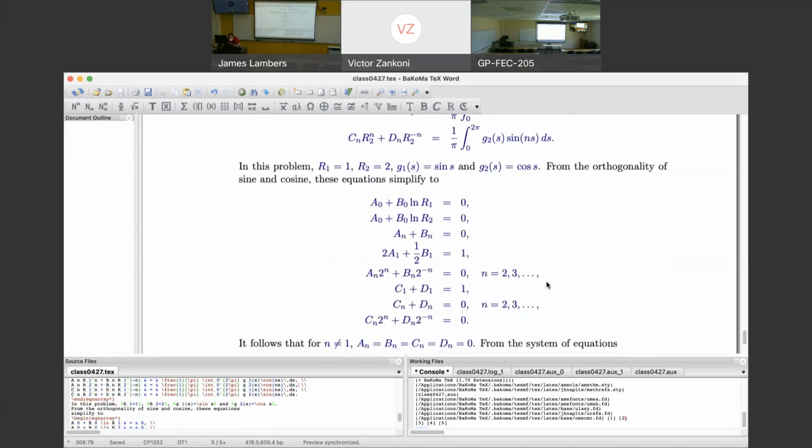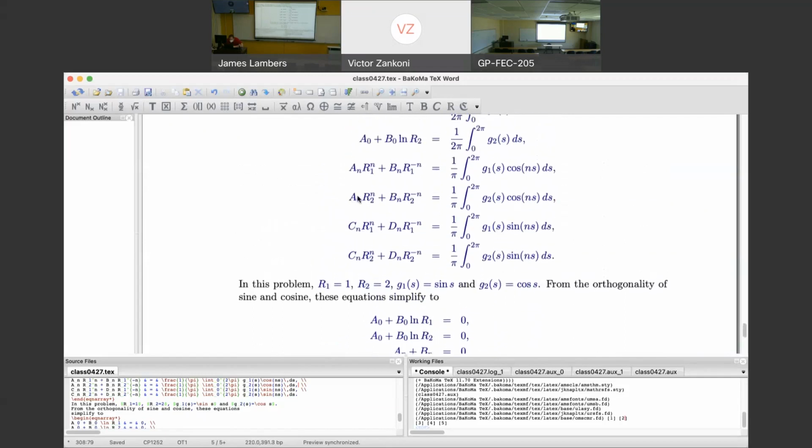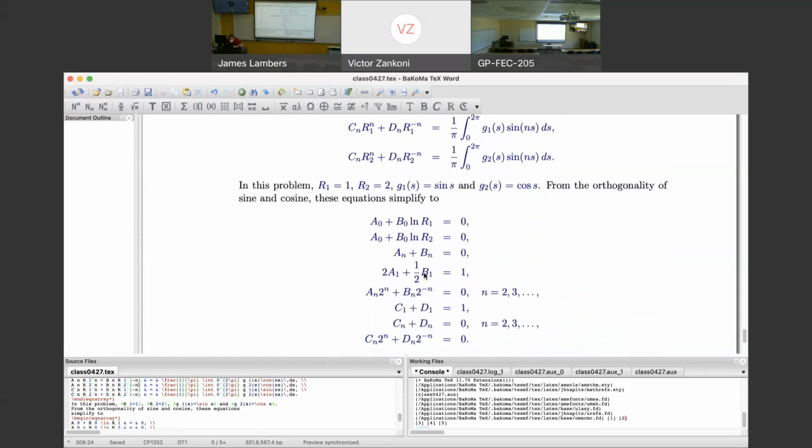So here's what happens for n equals 1. We end up getting 1 because it's plain old cosine. And here the outer radius is equal to 2. So we'll have 2 to the first power here, and 2 to the minus 1 power here, which is where we get the factor of 1/2.